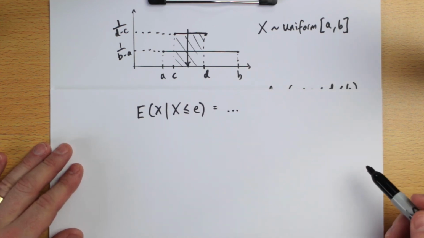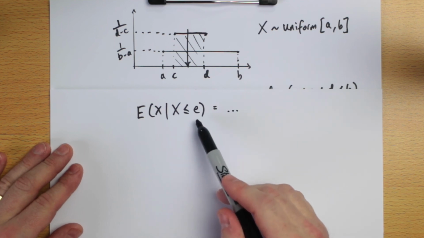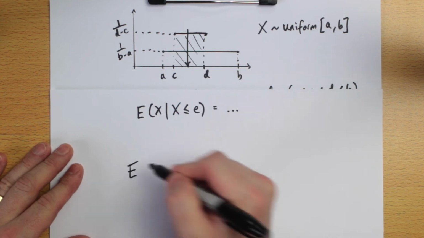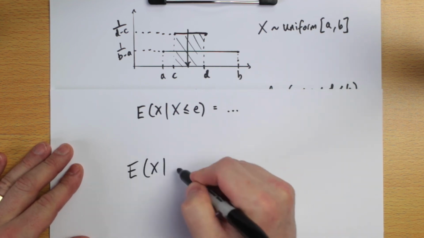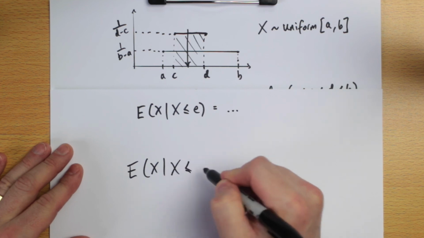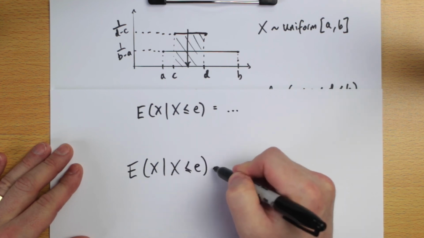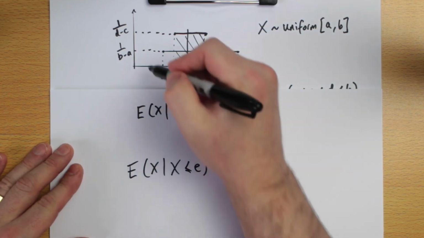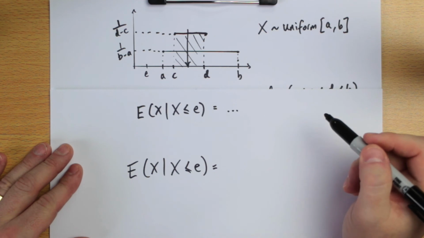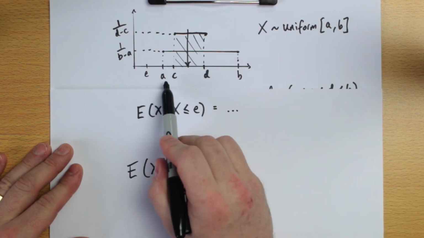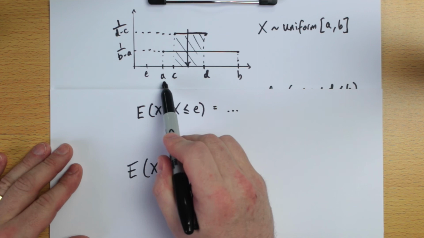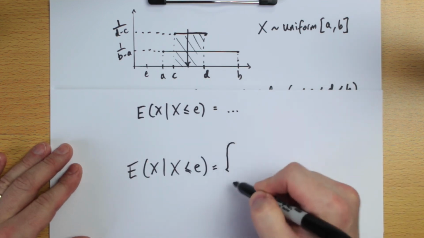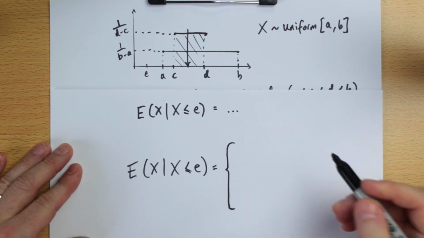Well, let's be a bit more careful about this, because it's going to depend on this e. The expected value of this random variable conditional on the assumption that it's less than or equal to e would be, well, if e is down here, then we already assumed that it's going to be greater than a, and then we're told it's less than a. So in a sense, we're conditioning on something that we believed wouldn't happen.